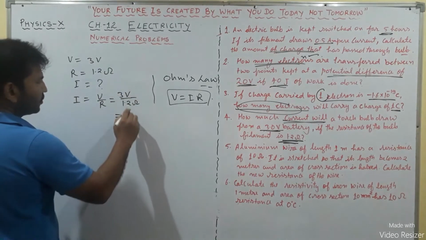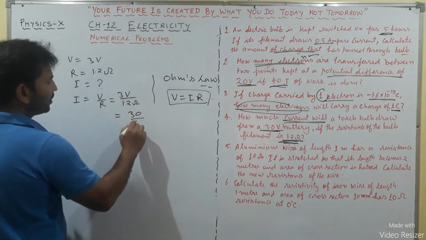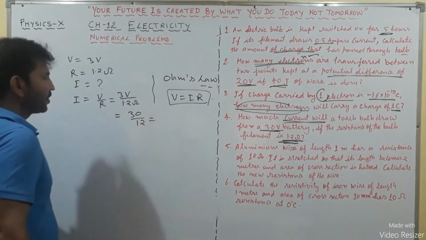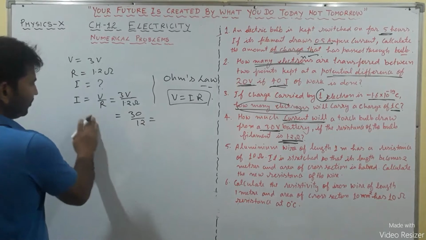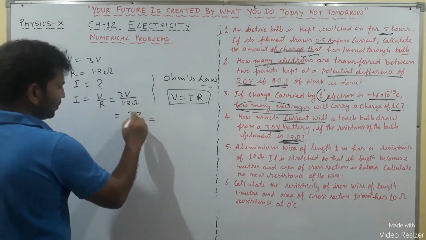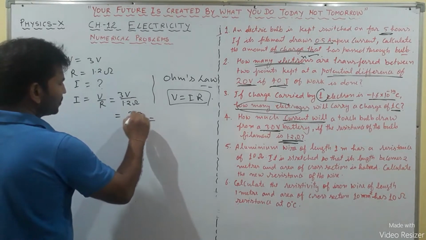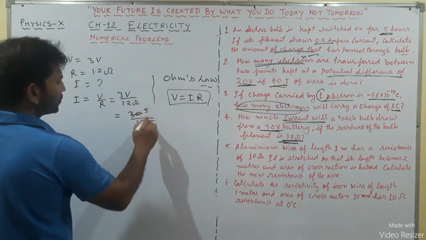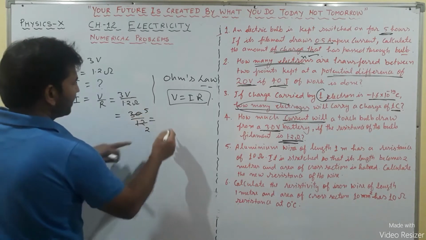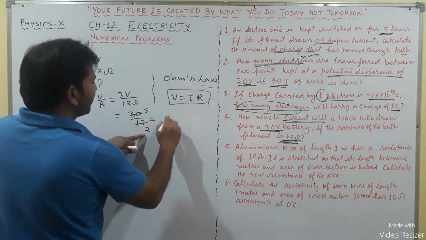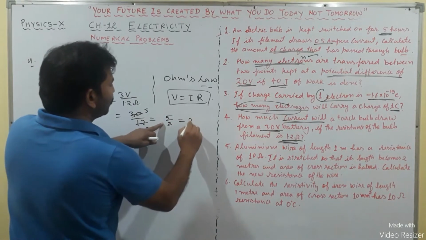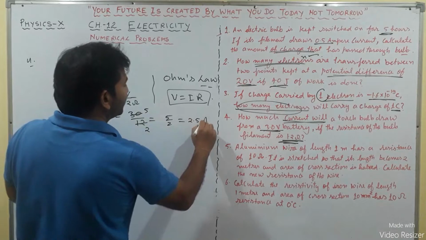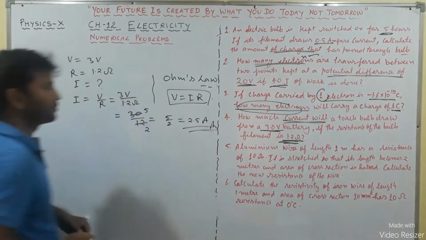On solving it, you will get 30 by 12. Okay? And on solving it, using the table of 6, 6 fives are 30 and 6 twos are 12. That is 5 by 2 or 2.5 ampere is the answer.